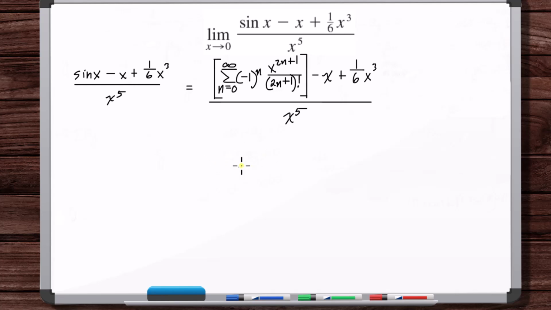Okay, so let's do this. If we distribute the x to the 5th to each term, we could bring out front here 1 over x to the 4th plus, and then this would be 1 over 6x squared, like that, and then plus the sum of x to the 2n plus 1 times x to the minus 5. That's going to be x to the 2n minus 4.